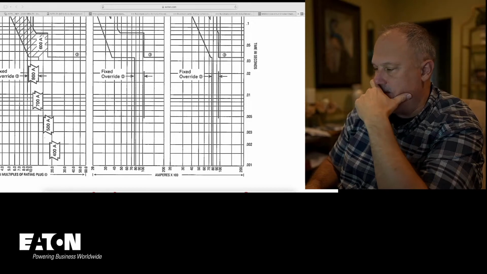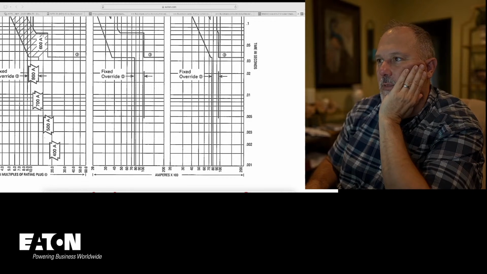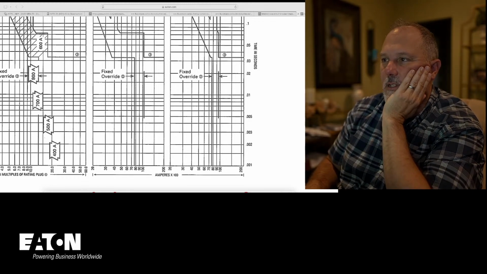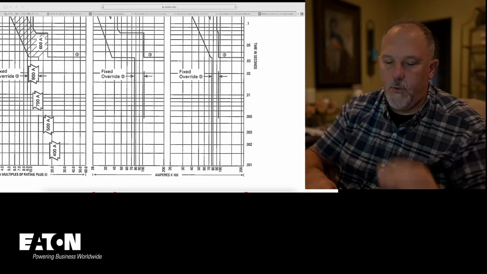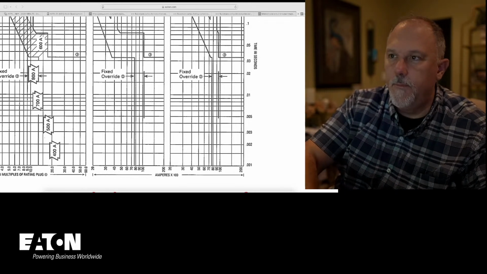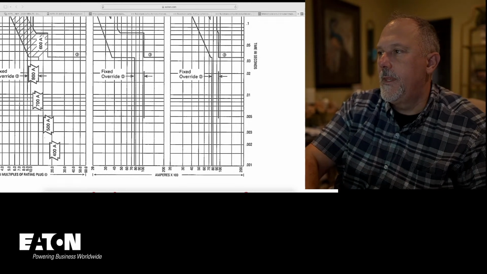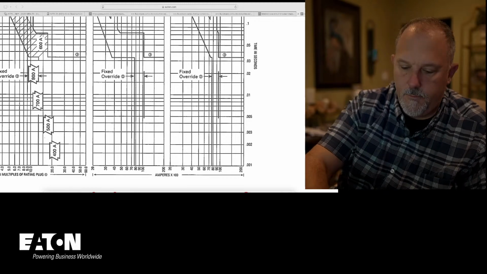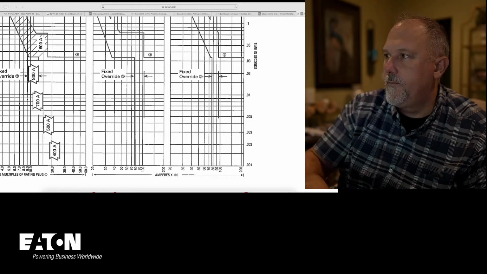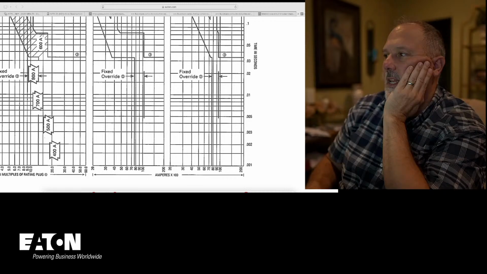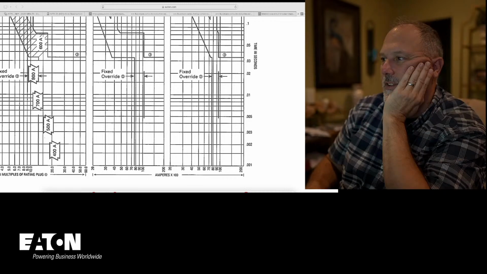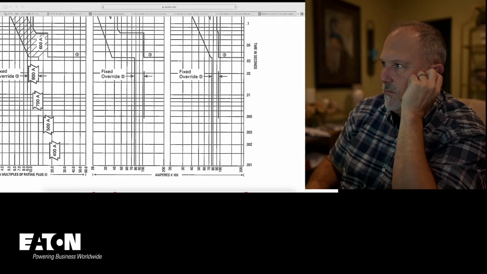I don't like that. 3,430 amps. It's 0.4 seconds. So if I go and I do 0.4, my calories is 7,152.